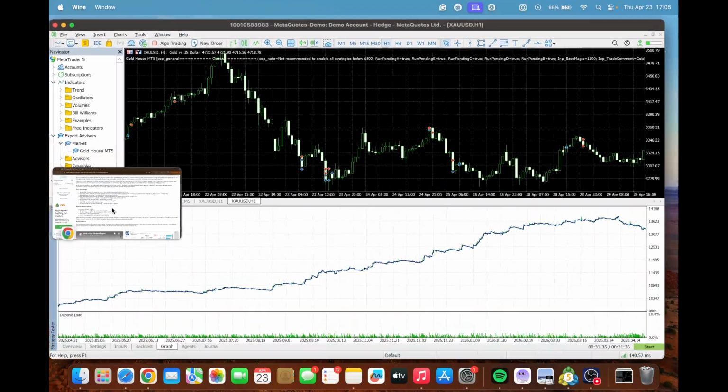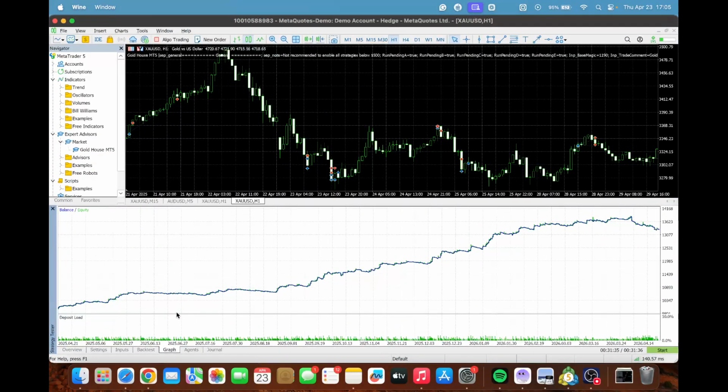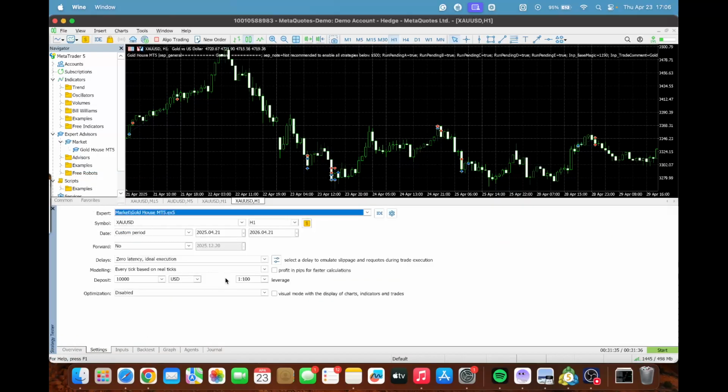I had the opportunity to test this on a live market, and it was tested on gold on the 1 hour time frame over a full recent year, I think from April 2025 to April 2026, as you can see, and it was tested on a $10,000 initial deposit.